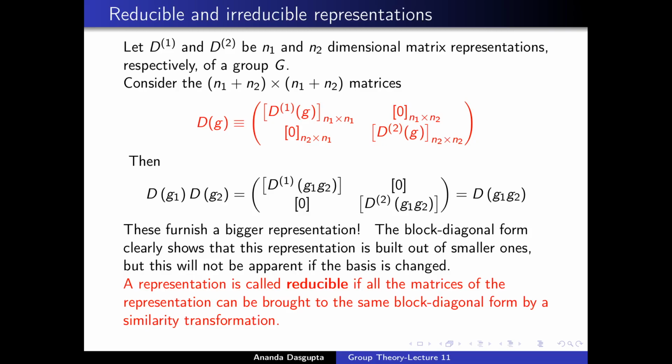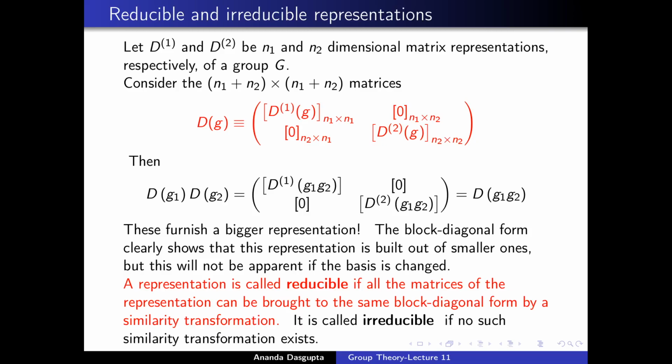We are simply acknowledging that this representation had really been built out of two or more smaller representations. If this cannot be done, then you say that the representation is irreducible. In other words, a matrix representation is irreducible if no similarity transformation exists such that if you were to carry it out on each and every one of the representation matrices, they will all acquire a block diagonal form with the same block diagonal structure.